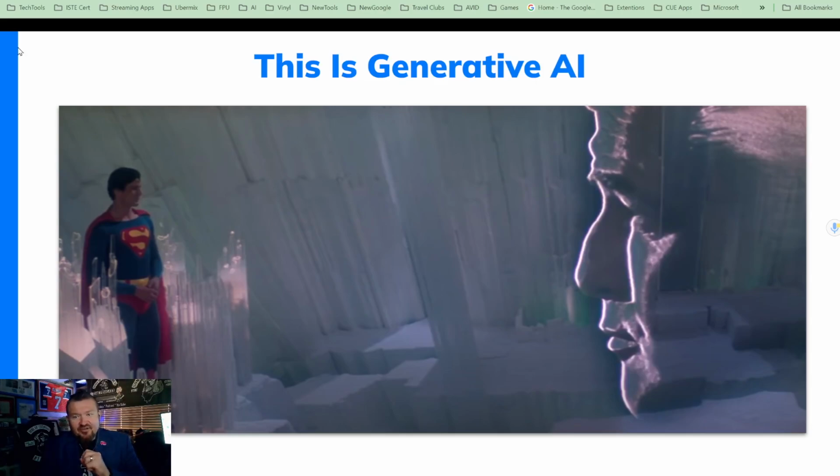The hidden layers of the large language model would be right there in the crystal. And then the output would be the image, the voice, and the response of the newly generated father that Superman is talking to. This is generative AI. This is the beauty of large language models.